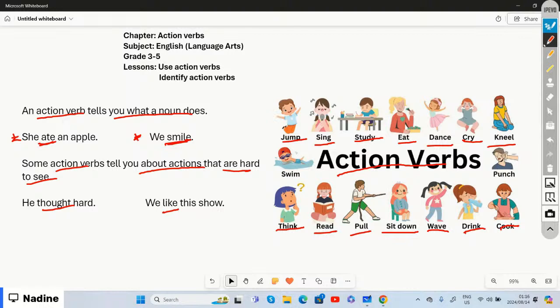Climbing definitely is an action verb. Yes, climbing is an action verb. Walking, hiking, it's an action verb.